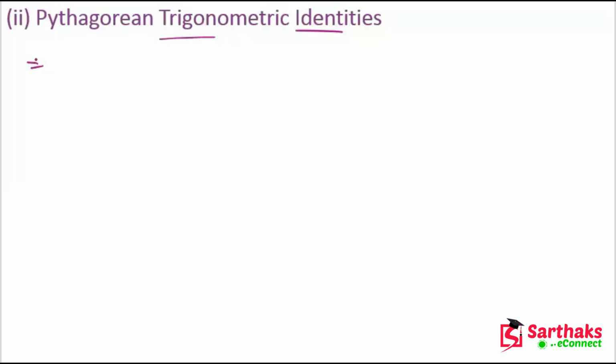The first is sin square A plus cos square A is equal to 1, where A is an angle, don't be confused. We can write theta also, no need to be worried.